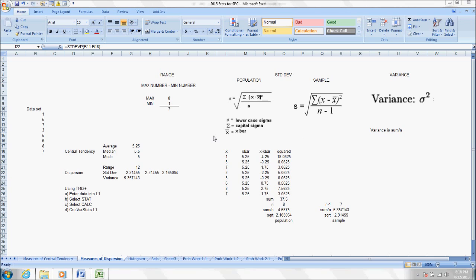Okay, so just to recap everything we went through with standard deviation. If you want to find the population standard deviation, that's where you use the STDEV.P. So what you're typing in is actually equals STDEV.P, and then you start your parenthesis, and then you put in your cells. You'll highlight your cells and end the parenthesis.